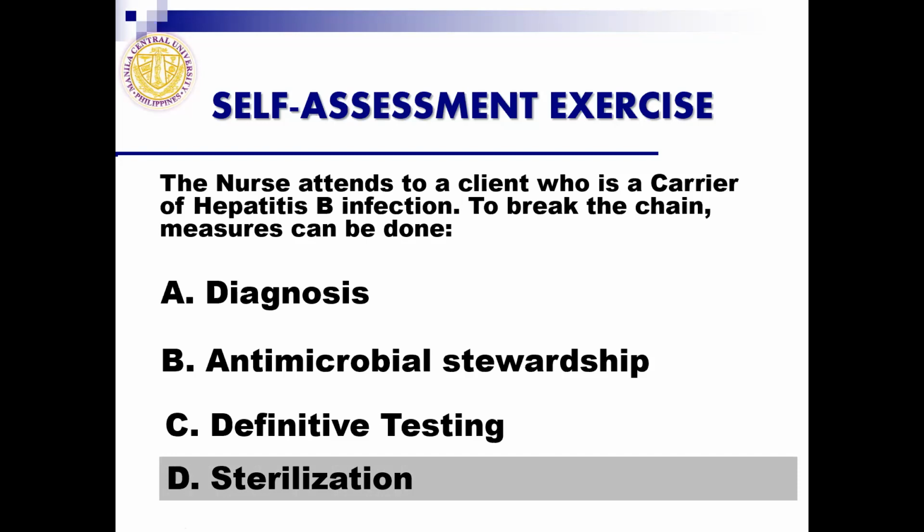So since the virus can still stay and live for hours when it is in contact with a contaminated object through the secretions or through the bodily fluids such as the blood, then this could probably cause infection.